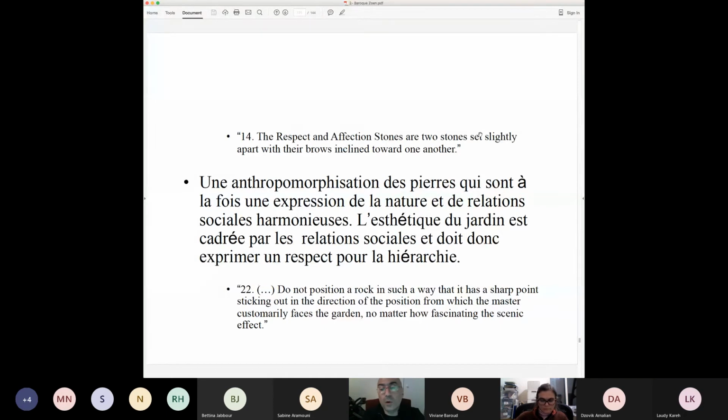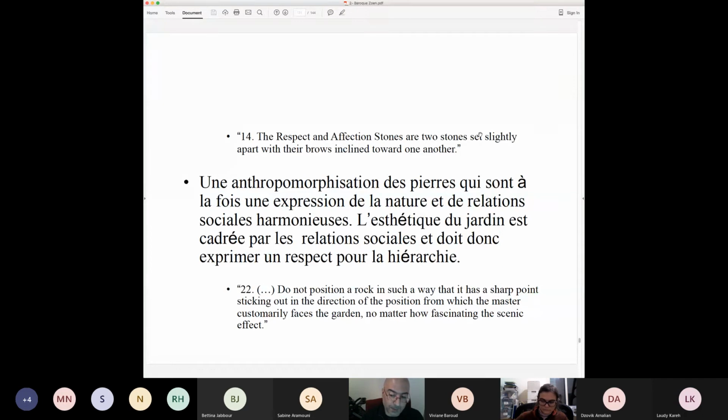This is what we might call an anthropomorphization of nature, which are expressions of nature. The rocks still express their natural origins, but also expressions of human relationships, harmonious human relationships.